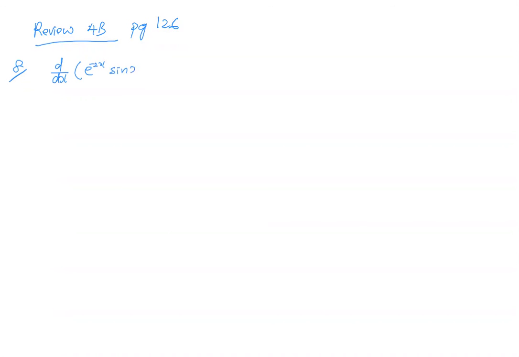You have to use the product rule. Anyone with a problem with the product rule? Shouldn't be, correct? Yeah, so this is your U and this is your V, okay?